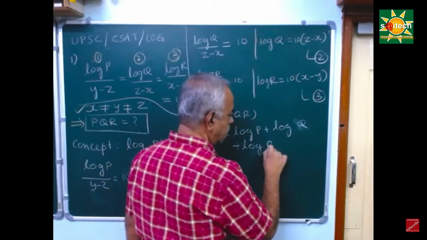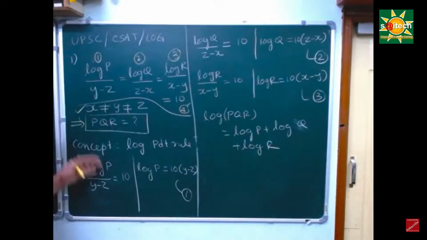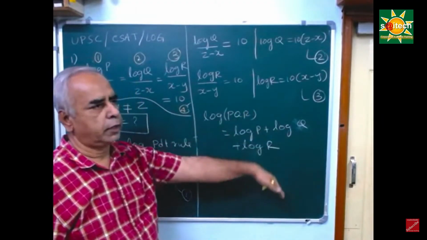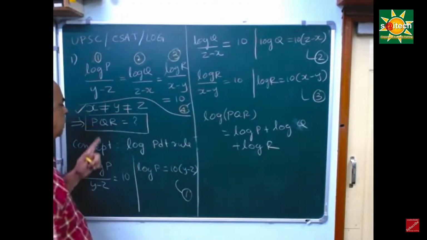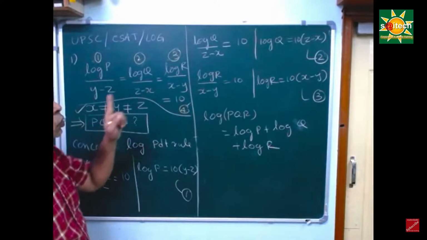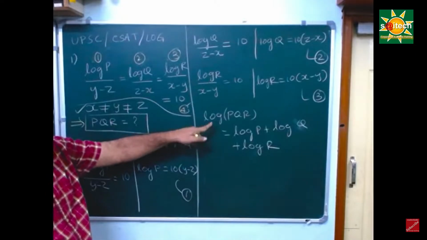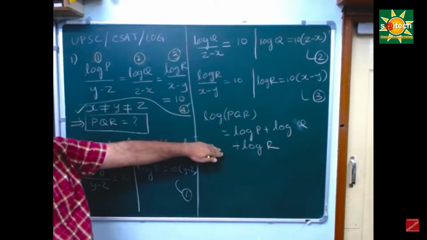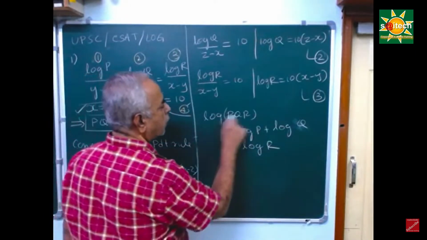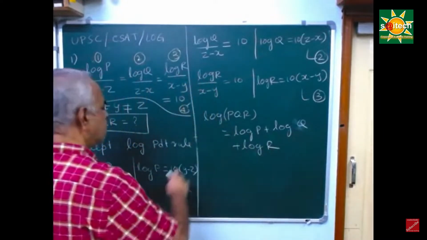So by adding the respective LHS of the three equations, we can obtain the value. Please note it is asked PQR, not log of PQR. So we have to take the anti-log of PQR, otherwise we can just compare with the RHS and get the value also. Now listen, how can you get this log P plus log Q plus log R from these equations, is it not?